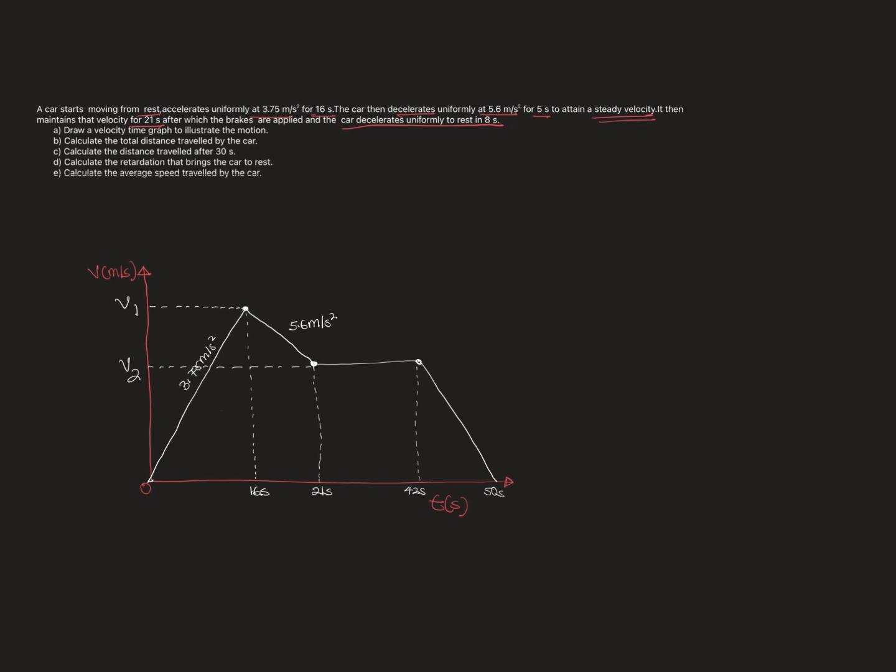Okay, so using V equals U plus AT, we can say V1 equals U1 plus A1 T1. All right. So for the first event, V1 equals U, which will be 0 initial velocity, plus A. The acceleration for the first event is 3.75 meters per second squared, and the time was 16 seconds.